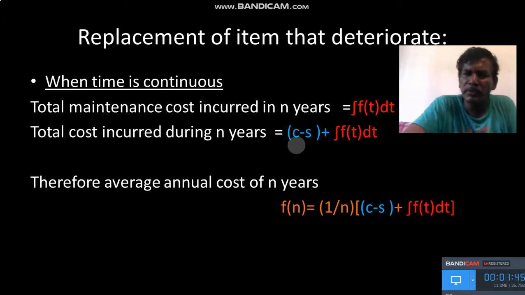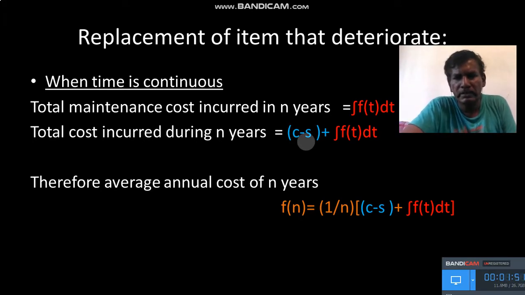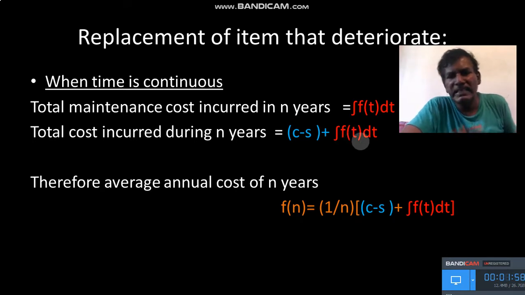C is the cost price of the particular product, and s is the scrap value of the product. So we calculate c minus s and add it to the integration of f of t dt, which is the total maintenance cost incurred on the product, and that will give you the total incurred cost during n years.